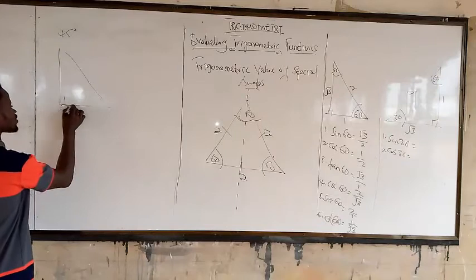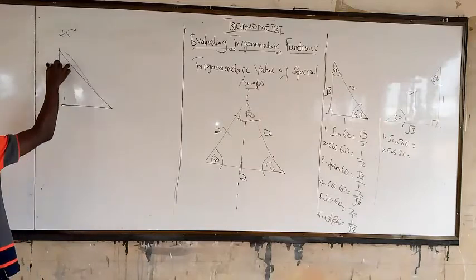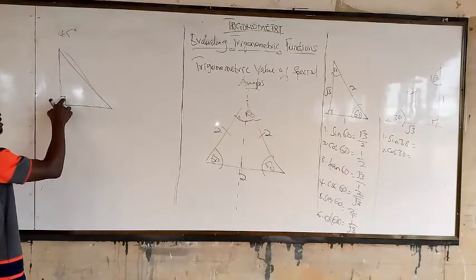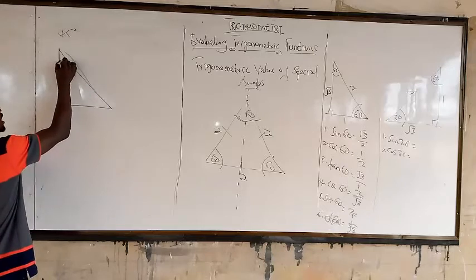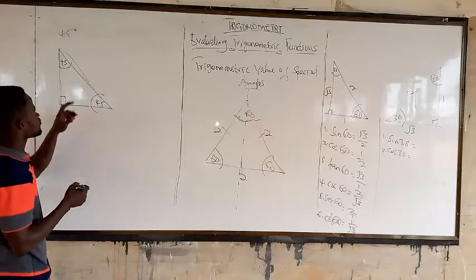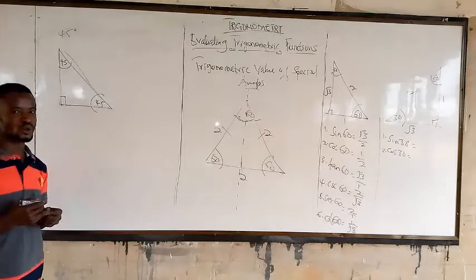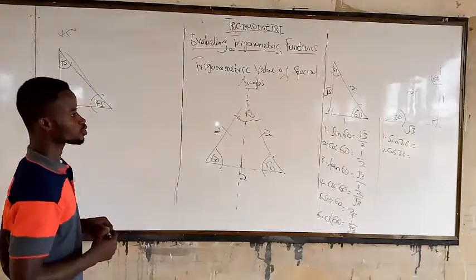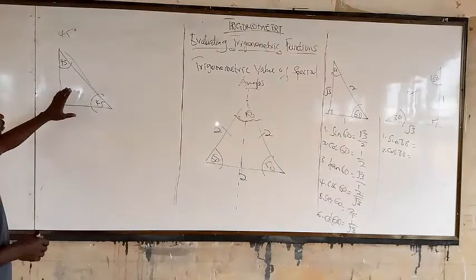So if here is 90, and here is 45, here too can be 45. And 45 plus 45 plus 90 will give you 180. Alright, so that is that for this side.